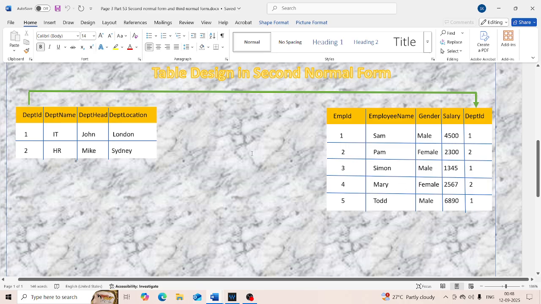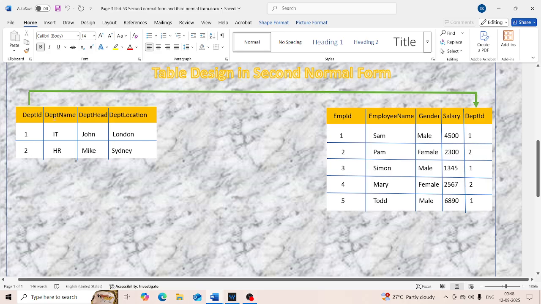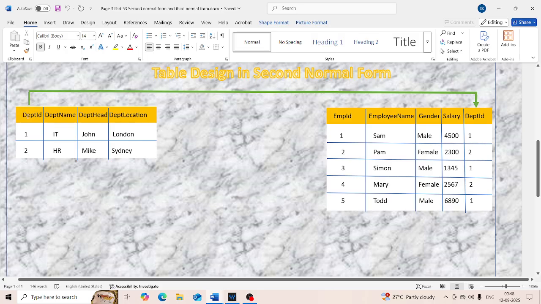The other one is TBL department table, which is going to store department information. So here I have department name, department head, department location, and then to uniquely identify each row, I have a primary key here.